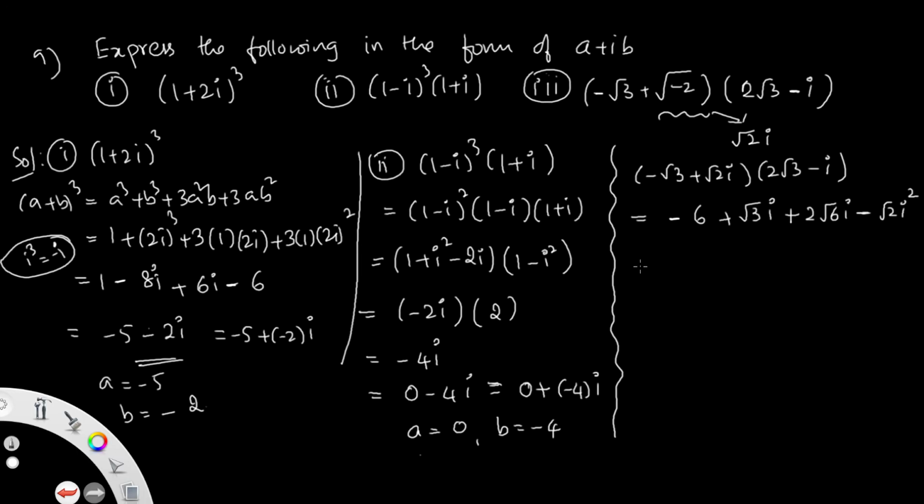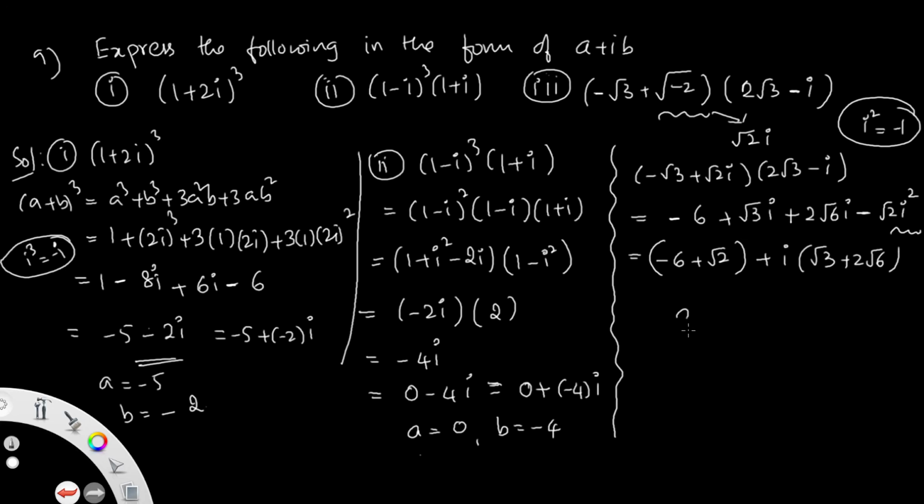Since i square is always minus 1, that is plus. The real part is without i, so we write minus 6 plus root 2, and with i common, root 3 plus 2 root 6. So a is equal to minus 6 plus root 2, and b is root 3 plus 2 root 6.